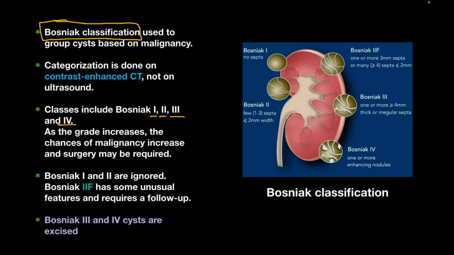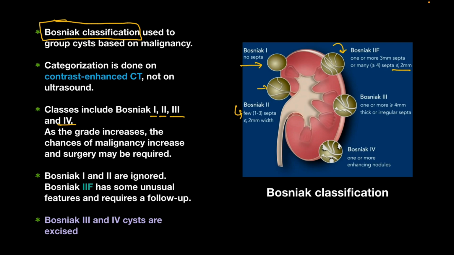So look over here. Here we have the Bosniak classification where Bosniak 1 means there are no septa. In Bosniak 2, there are a few, that is 1 to 3, septa and the width is less than 2 mm. While in Bosniak 2F, there are more than 3 septa and the size is less than 2 mm.